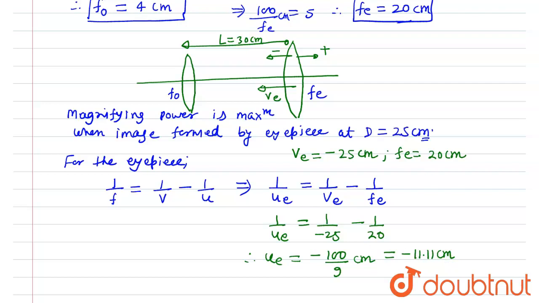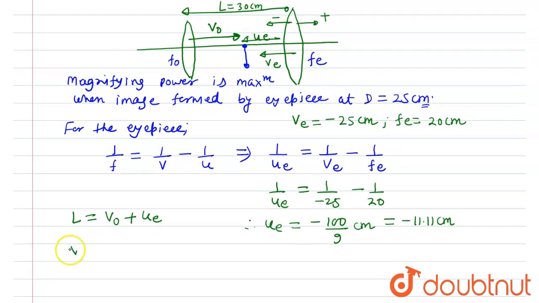Consider this is Ue. If this is Ue, then this will be equal to Vo. So L can be written as Vo plus Ue.